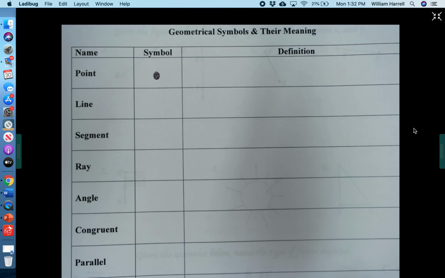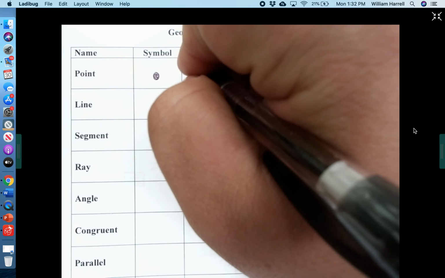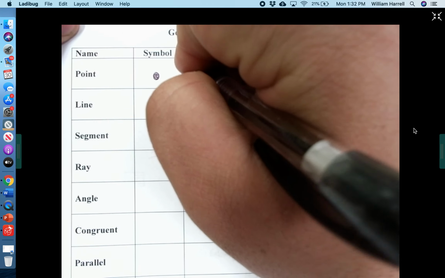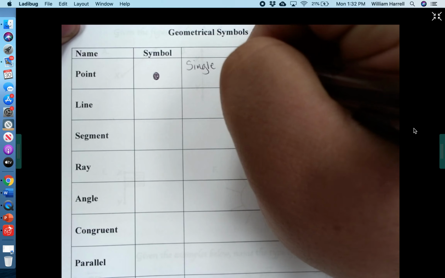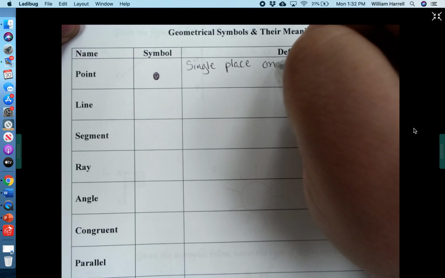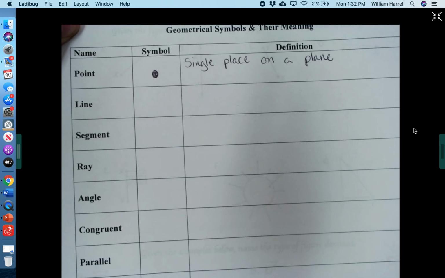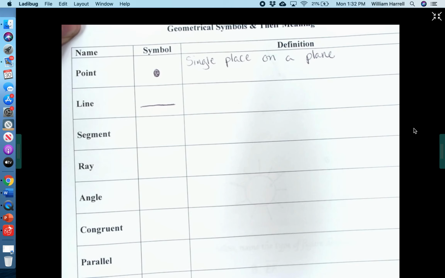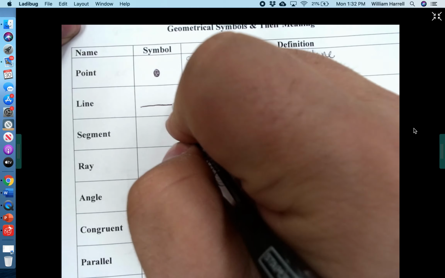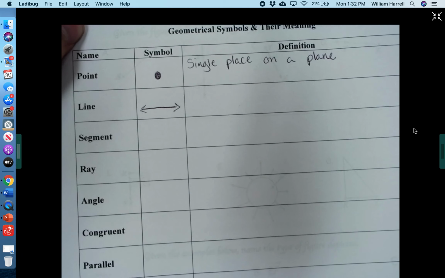And very simple, it is just a single place on a coordinate plane, or just a regular plane. A line looks like what we would normally think of, just don't forget you have an arrow at the beginning and at the end.